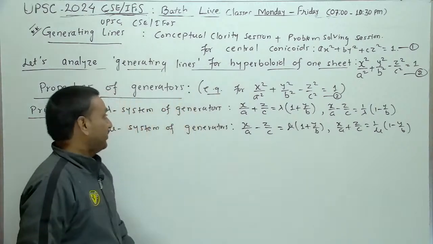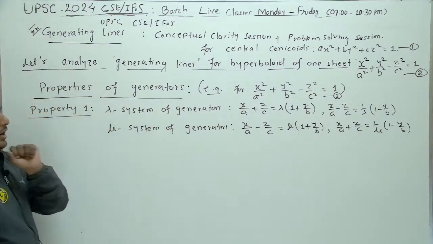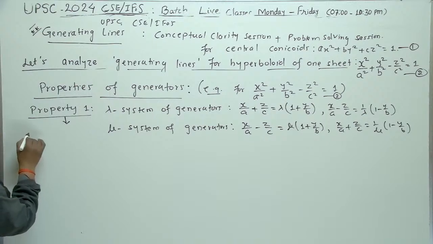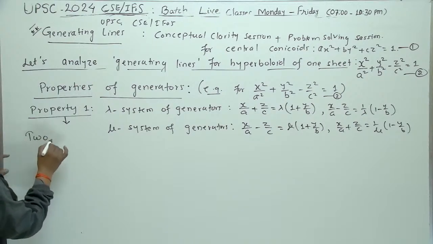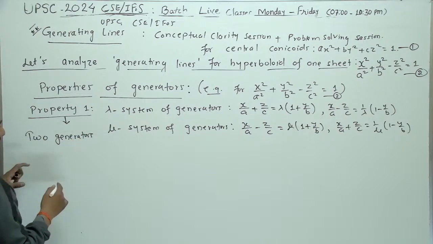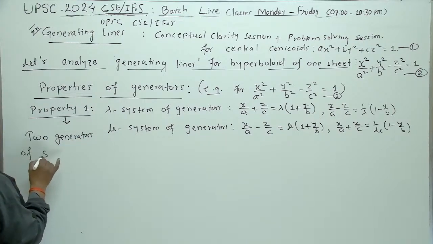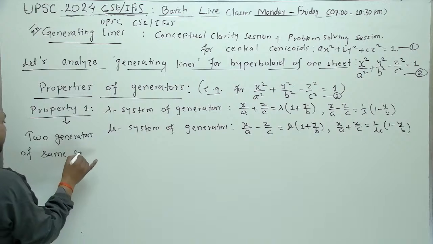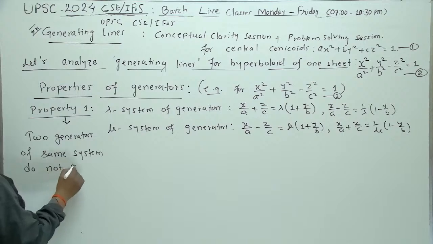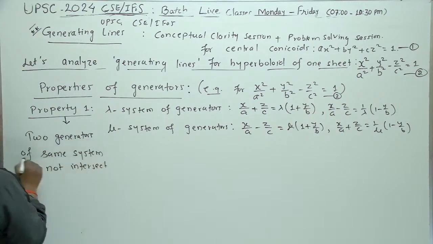देखिए ध्यान से. Property 1 says: two generators of the same system do not intersect. Okay? What is the property?